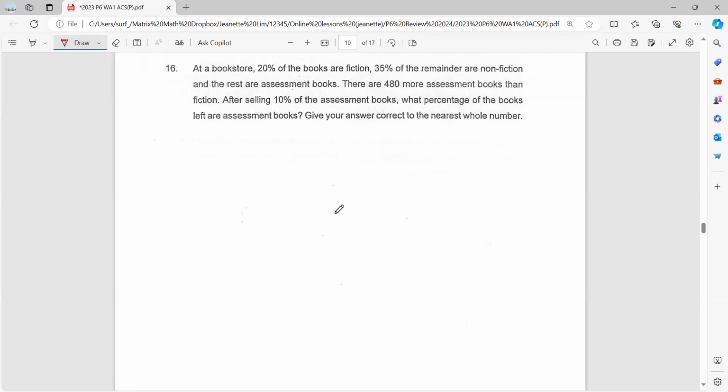Okay, so first let's change all the percentages to fractions. So 20% is 1/5. 35%, which is 35 over 100, is 7 over 20.